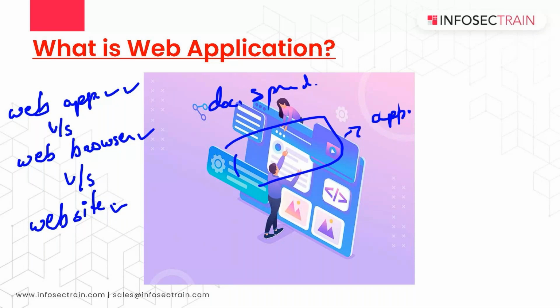What we do is, in our laptop, we simply open our web browser. Let's say we open Google Chrome, and inside it we put the address of that particular website. Like let's say I have to open infosectrain.com.